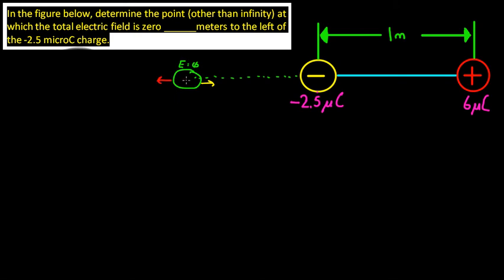We need to find the distance at which the positive charge pushing to the left and the negative charge pulling to the right are the same magnitude, so that there is no electric field.